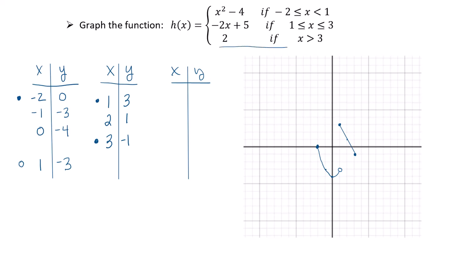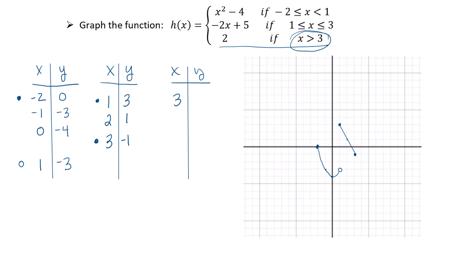Our last piece is that the function is going to equal 2 if x is greater than 3. Again, this is strictly greater than 3, but you must use that boundary point in your table. Okay? And then pick numbers that fit that condition.